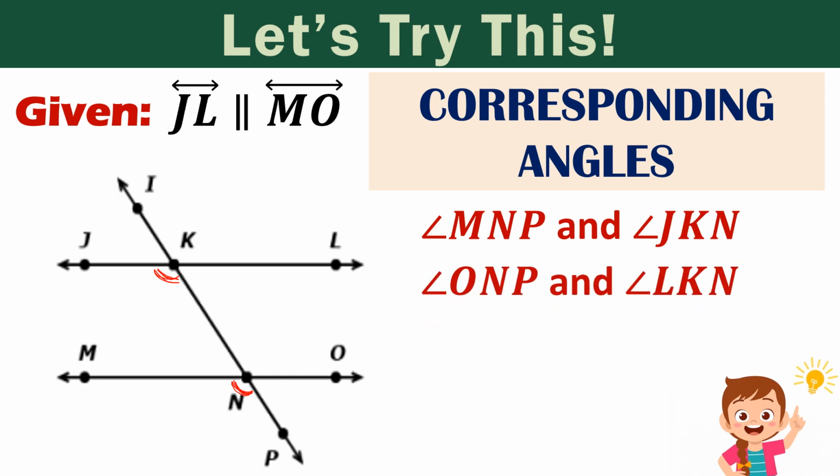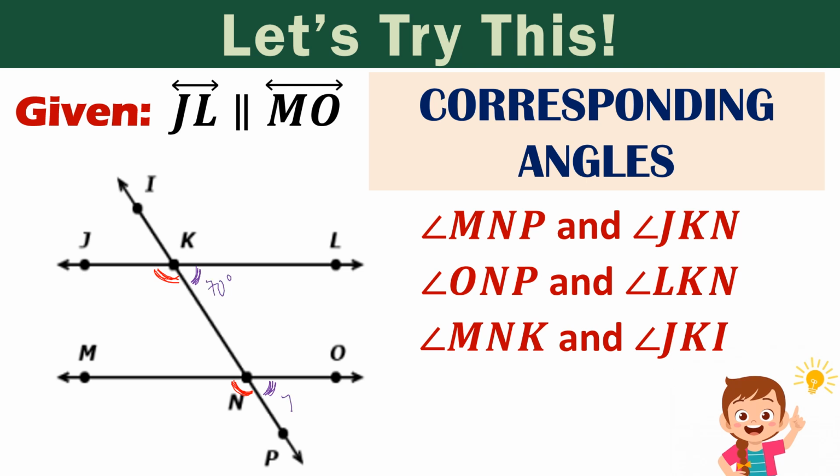Next one, I have ONP, so I have here, and the LKN, so I have here. And in our additional information a while ago, corresponding angles are congruent as well. So take note of that. So let's say for example, this is 70 degrees. So basically, this is 70 degrees as well.